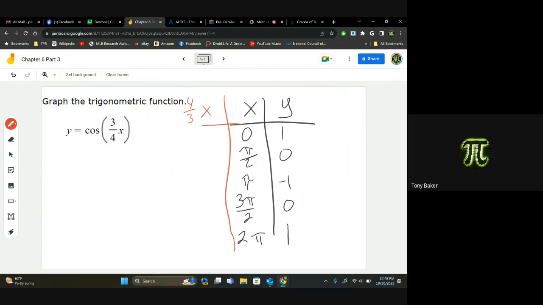So that 0 is now still 0. Pi over 2 times 4 over 3 is 4 pi over 6, which you can reduce to 2 pi over 3.